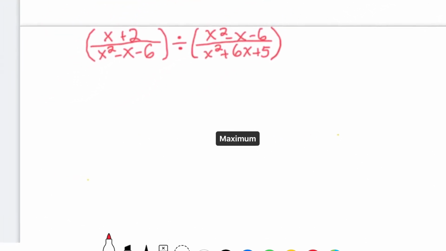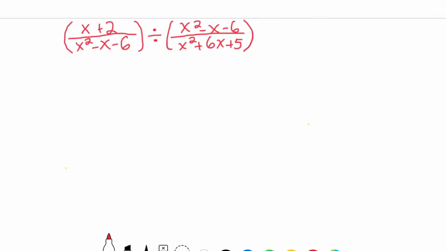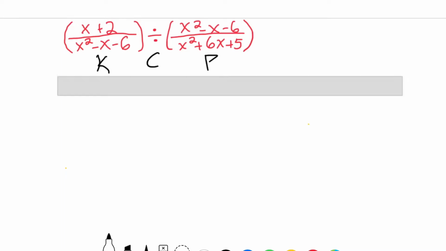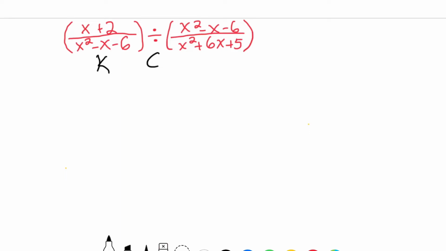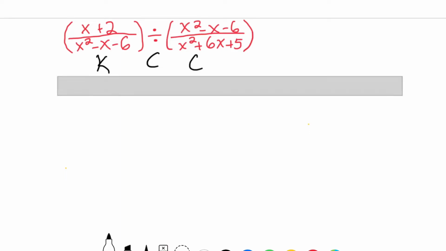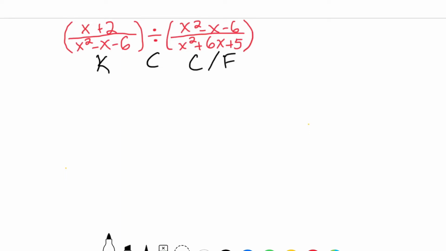Instead of keeping it as two fractions and dividing in the middle, you're actually going to keep, change, change, or keep, change, flip, depending on which one you like to use.